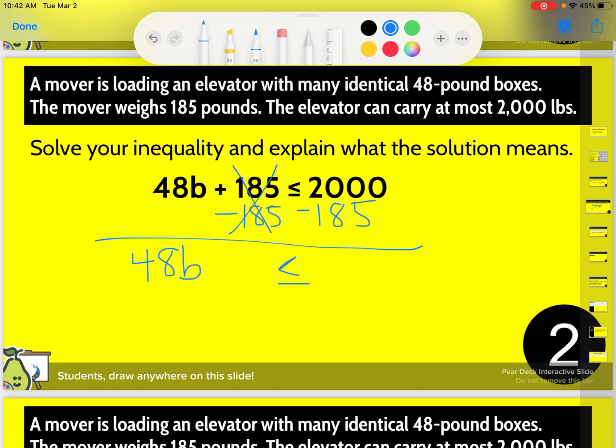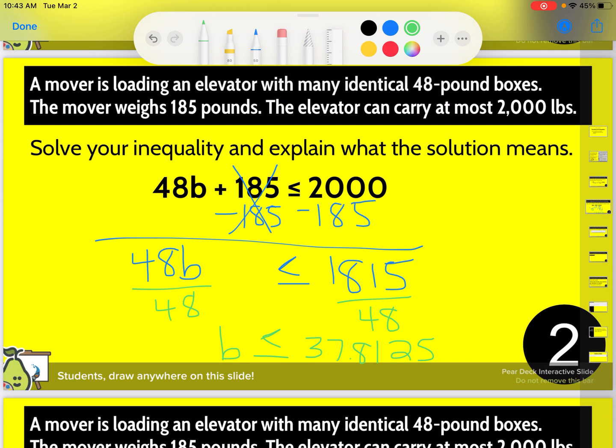So in my calculator, I'm doing 2,000 minus 185, and I get 1,815 pounds. So now I'm going to divide by the 48 boxes, because they're identical, they all are going to weigh the same. So that means B is less than or equal to 37.8125.